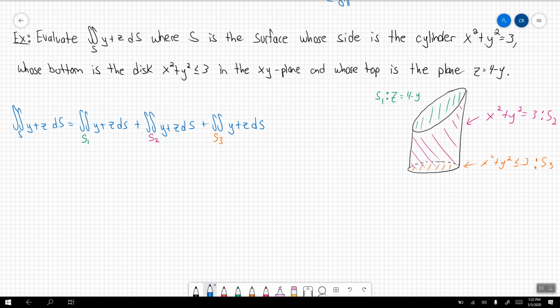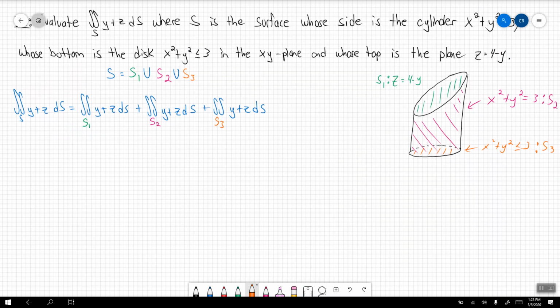Really quickly, I'm just going to say the surface is equal to S1 union surface 2 union surface 3. There we are. So we then have to think about how we want to do this. Do we want to go with a parametrization? Do we want to use it explicitly?